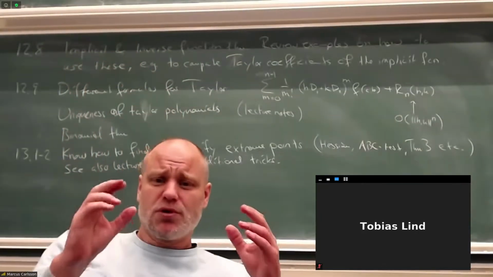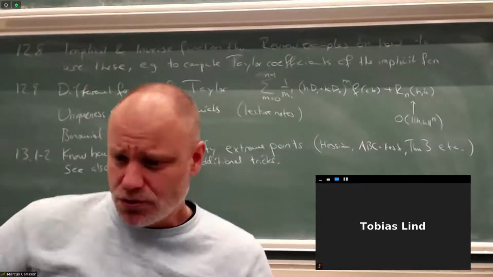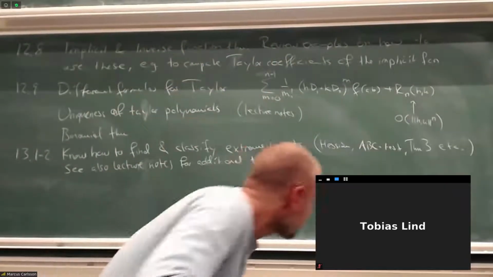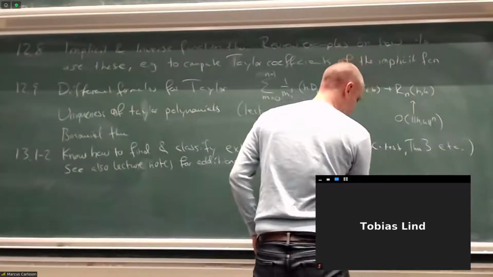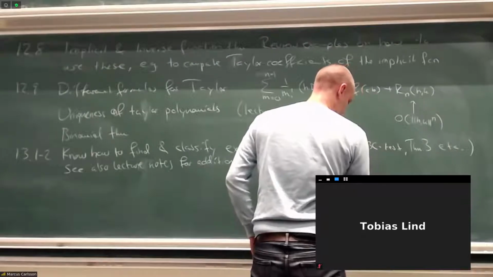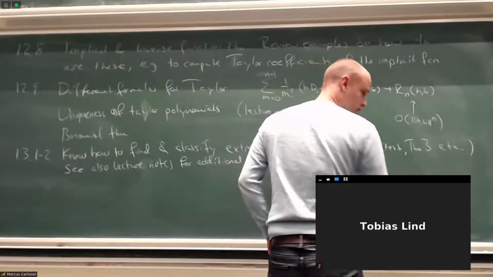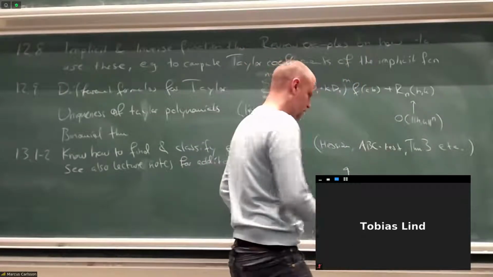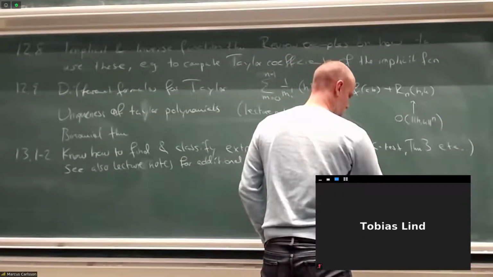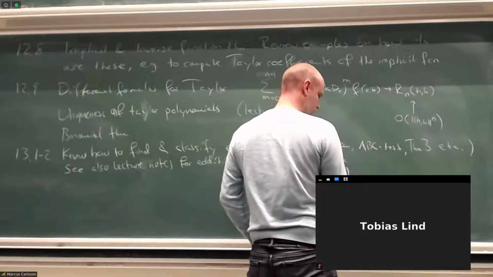So in the book, there's a theorem which says when you're allowed to differentiate under the integral. Let's remember: we could integrate between a and b. In the book, I think they integrated in t and differentiated in x. Doesn't matter.